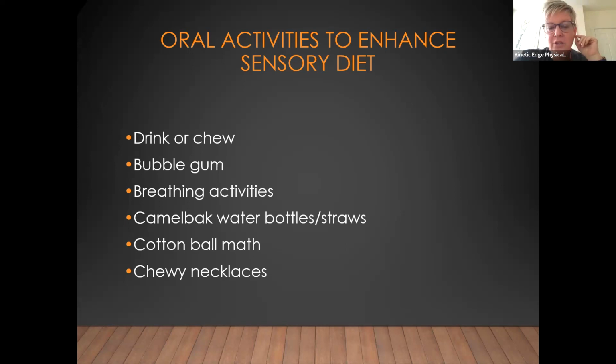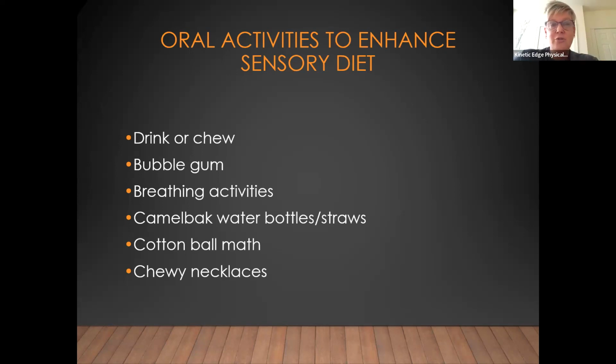I know there can be concerns about germs, so that's something you need to look into with your classroom. And some kids will benefit from a chewy necklace or something to appropriately chew on instead of using their shirt.